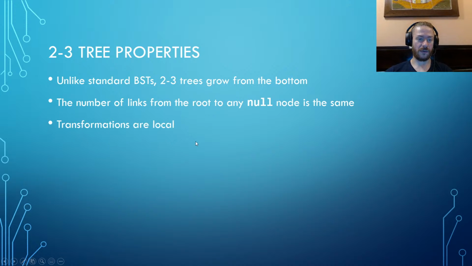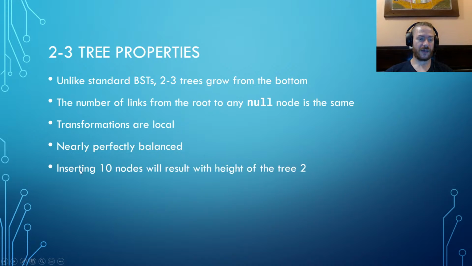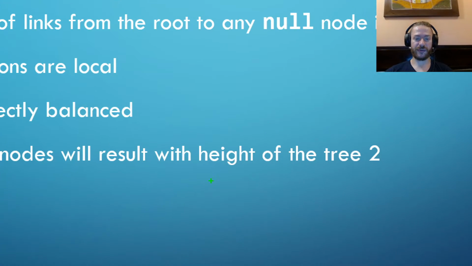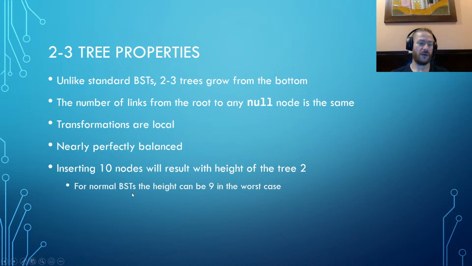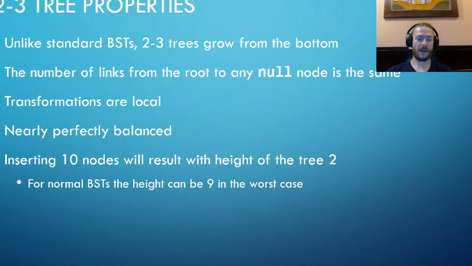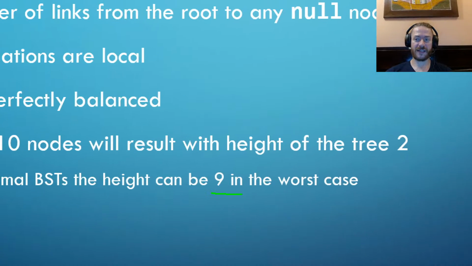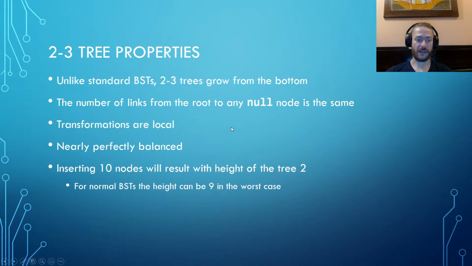Transformations are local, only local. It's nearly perfectly balanced at all times, because inserting 10 nodes will result in a tree height of 2, and that's quite an improvement, because a normal binary search tree can be 9 in the worst case, if everything is to the left, for example, which is kind of bad.